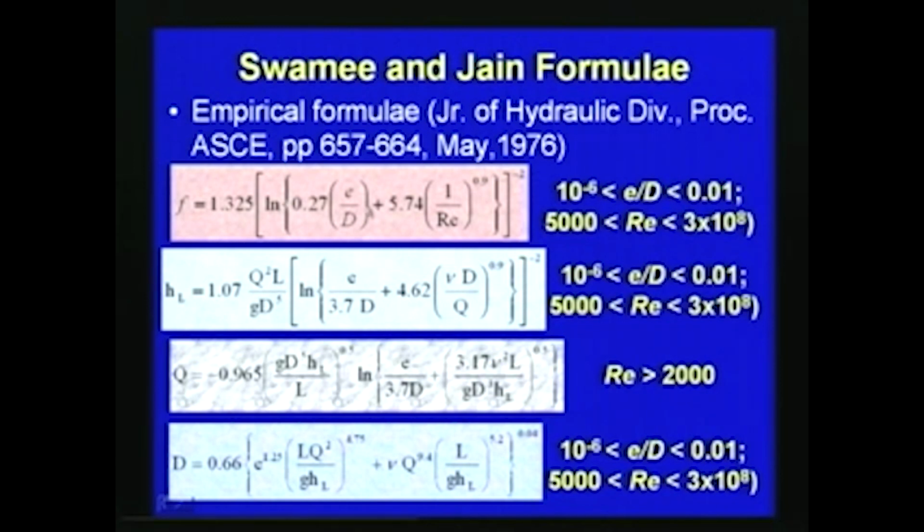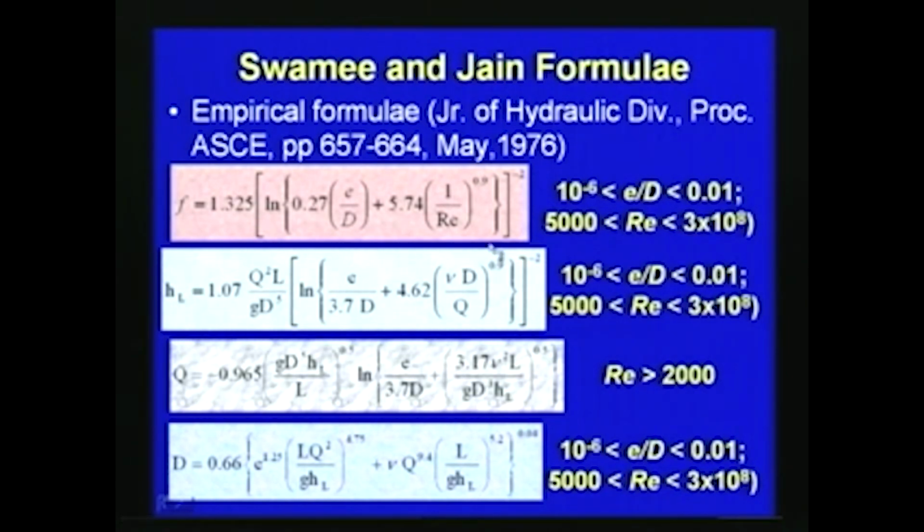Head loss we can obtain directly: HL is equal to 1.07 into Q square L divided by G into D to the power 5, natural log of E by 3.70 D plus 4.62 into nu D by Q to the power 0.9, all to the power minus 2, where Q is the discharge through the pipe, D is the diameter, nu is the coefficient of kinematic viscosity, E is the roughness height of the pipe material and L is the length which we consider.